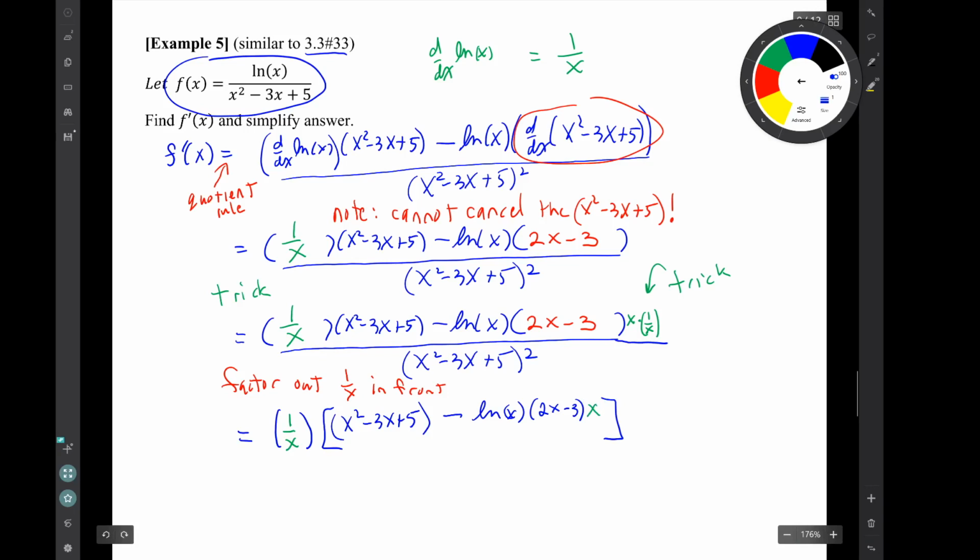Now we still have a denominator. Now finally I have a 1 over x in front of this numerator, and so that x in that front term can be moved down.